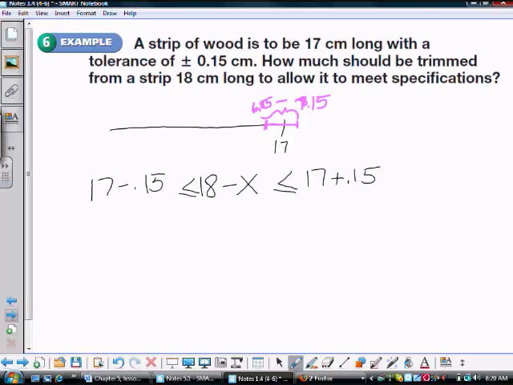All right. So first thing I'll do is simplify this thing a little bit. 16.85 less than or equal to 18 minus x less than or equal to 17.15. Next step.